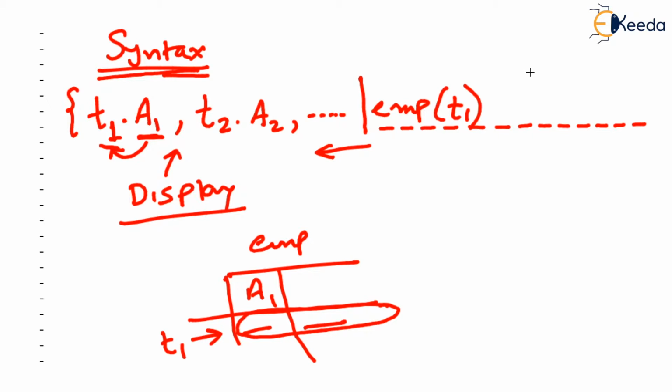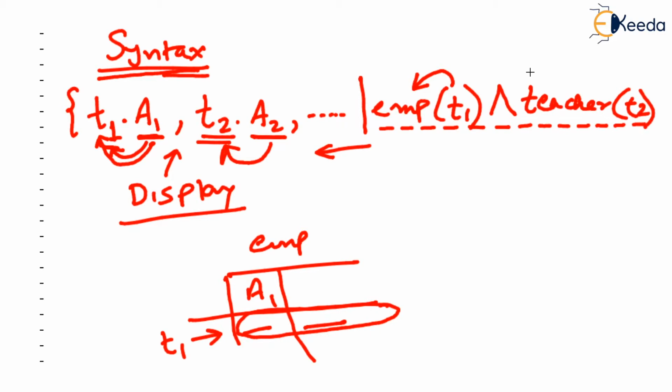Also, you can have multiple relations involved when you want to display some values. Here you are saying that you want to display the value of A1 which belongs to T1, and T1 is ranging over employee, but you also want to display the A2 attribute of T2, and this T2 is ranging over another relation called teacher.